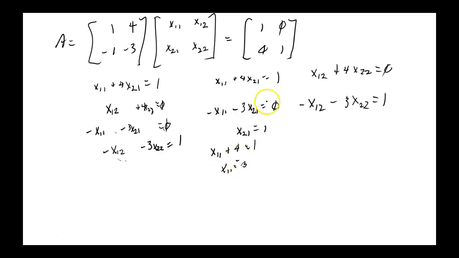Let's do the same things here. Add the two together, and you get x22 is equal to 1, and then plug that in either place, and you get x12 plus 4 is equal to 0, so x12 is equal to negative 4.